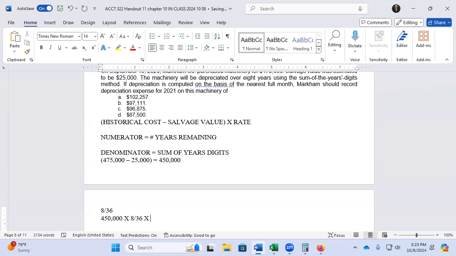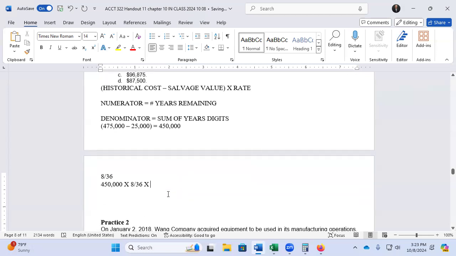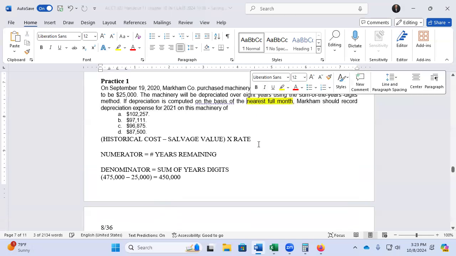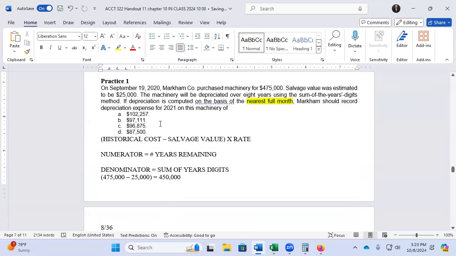When did we place this into service? So the hint is here, nearest full month. Our nearest full month to September 19th, October 1.